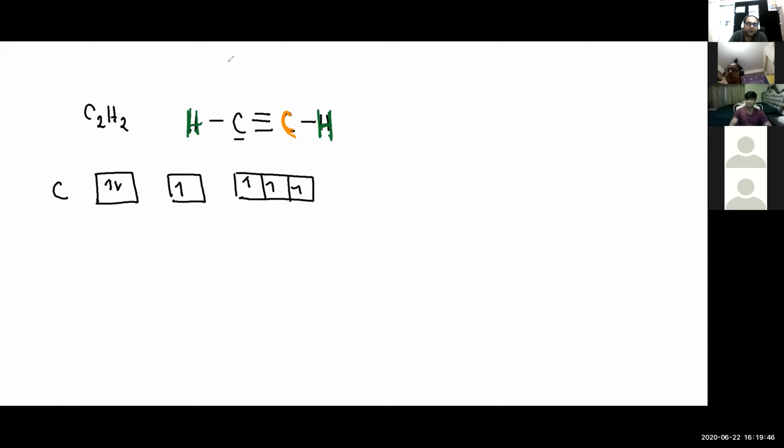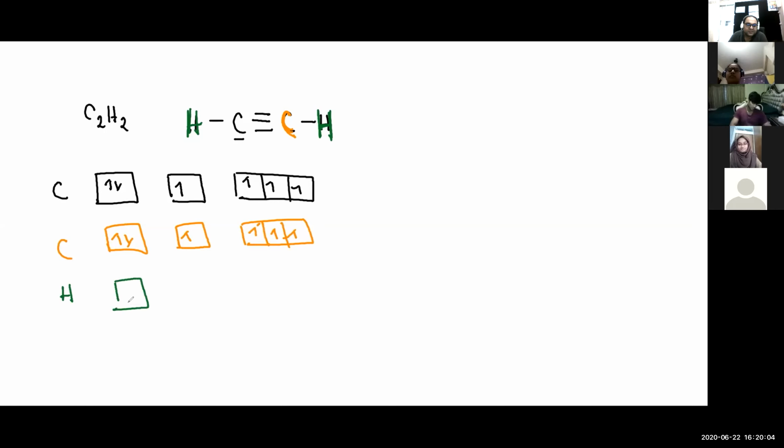And then we have the orange carbon, which has exactly the same thing: 1s2, 2s1, 2p3. And then we have hydrogen, which is 1s1.